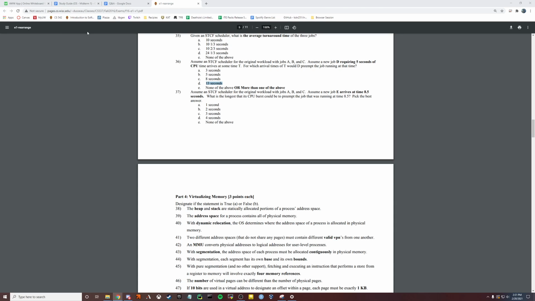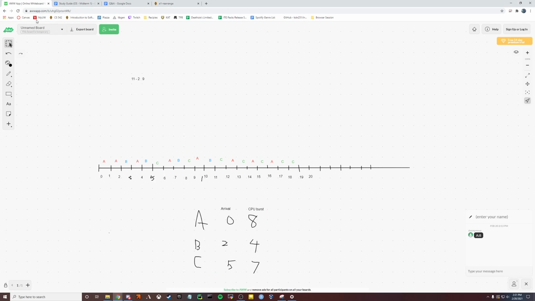Oh, right. We went off this drawing, which was still in round robin. So that's where we went wrong. This was round robin. Ah, gotcha. We just got lucky on the previous question. Yeah, we did get lucky because we were still basing it off of a round robin diagram.